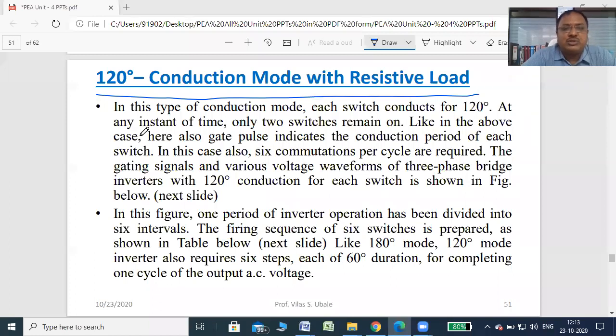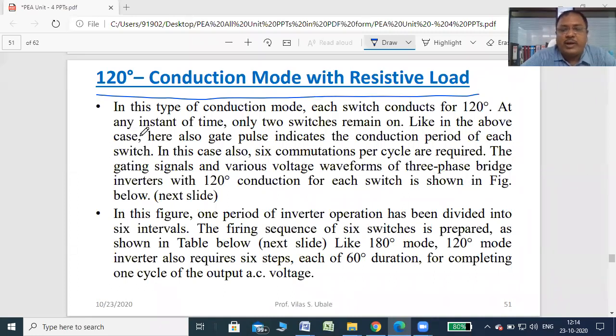In this case also, 6 commutations per cycle are required. The gating signals and various voltage waveforms of three-phase bridge inverter with 120 conduction mode for each switch are shown in the figure. That is the next slide we will see. In this figure, one period of inverter operation has been divided into 6 intervals. The firing sequence of 6 switches is prepared as shown in the table.